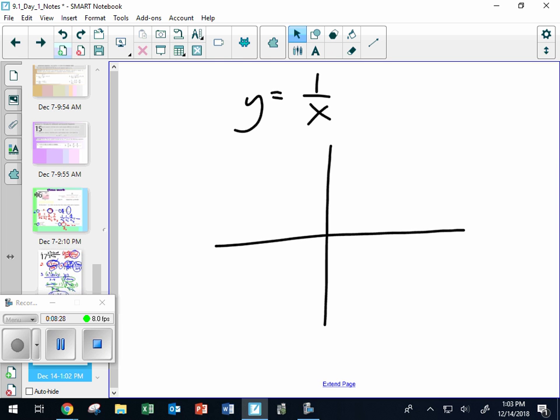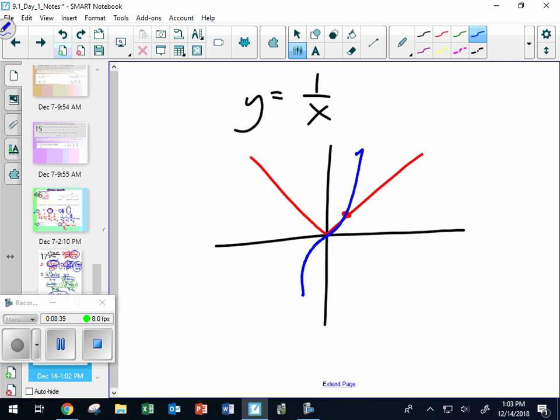All right. Do you remember that all the parent functions, be it the absolute value, this isn't the right one, but it goes through 1, 1. This one, which is x to the third, that goes through 1, 1. See where I'm going with this? Okay. They all go through 1, 1. All the parent functions. The square root, that goes through 1, 1.